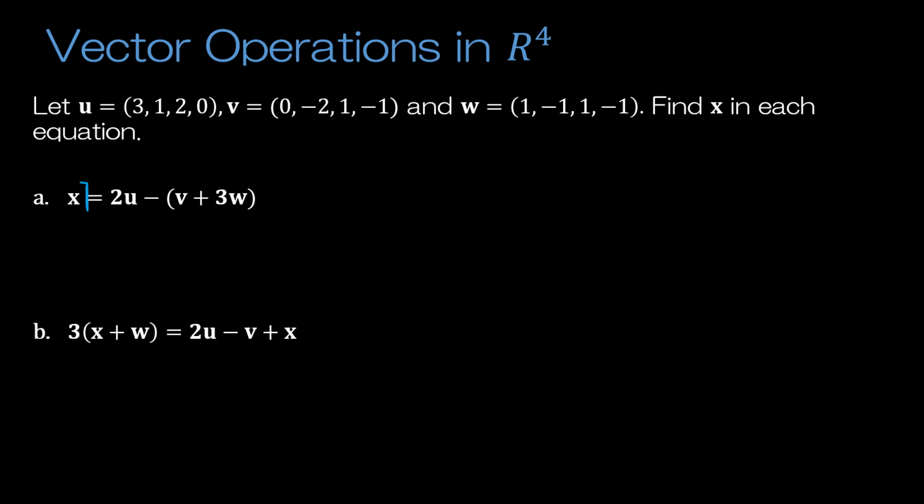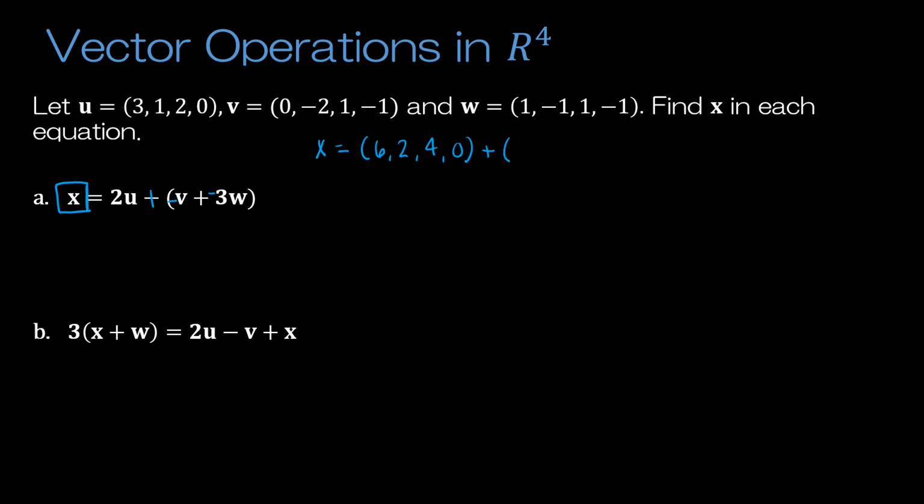So for my first question, I have x by itself, and I'm going to take 2 times u. So 2 times u would be 6, 2, 4, 0. And I'm going to subtract, which means I like to turn that into plus and distribute the negative to make sure that I don't make any errors.